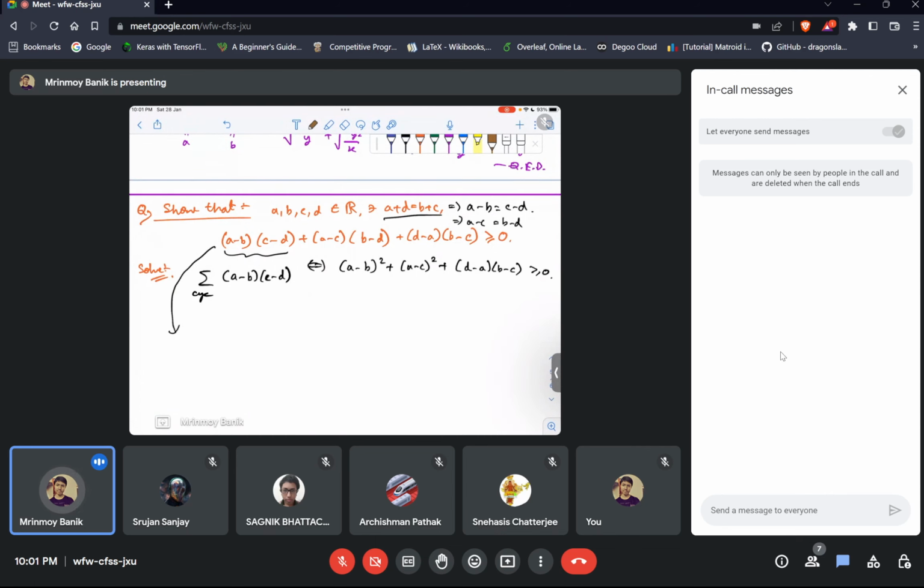Okay, let's try to multiply everything out. So AC minus BC minus AD plus BD plus AB minus AD minus CB minus CD plus DB minus DC minus AB plus AC. So this is greater than or equal to 0, if and only if.